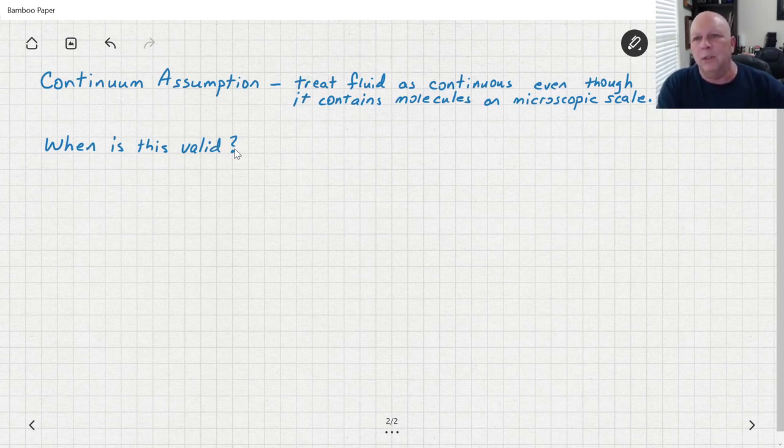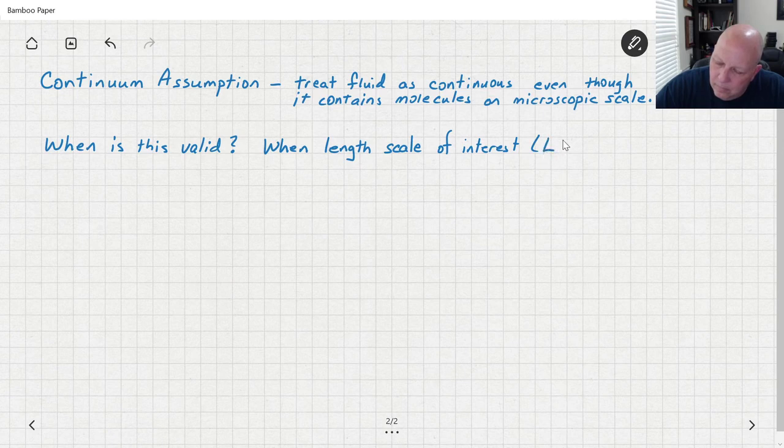To answer the question of when this is valid, we need to think about length scales. The length scale of interest, which we'll call capital L, is much larger than the mean free path of motion between molecular collisions.